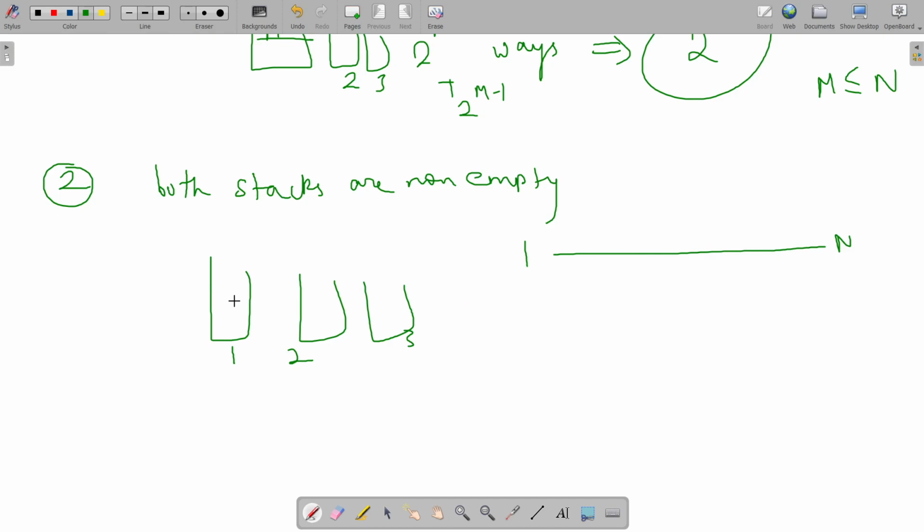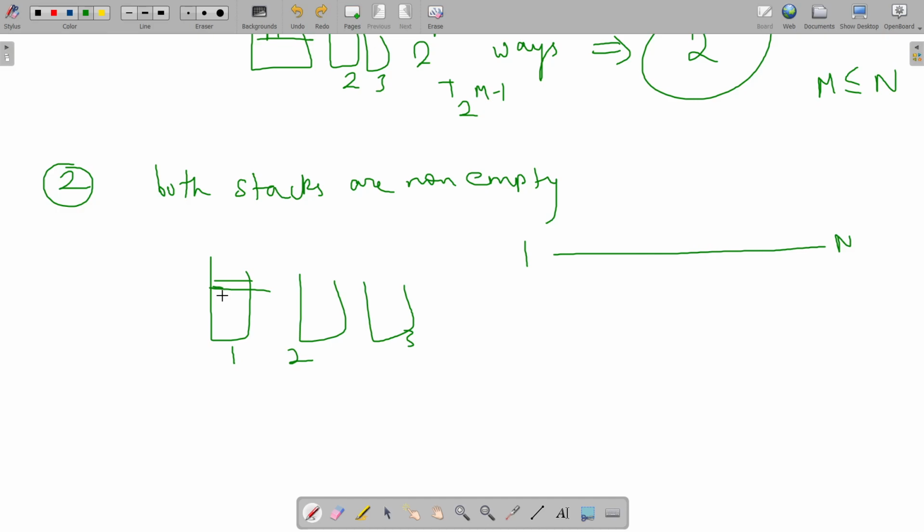What we will do is try to iterate over all the possible tops of the stacks, because the only thing that concerns us is the top of the stack, right? The top of the stack could be 1, 2, 3, 4, 5, it could be anything. So we will try to find all the possibilities for the top of the stacks.